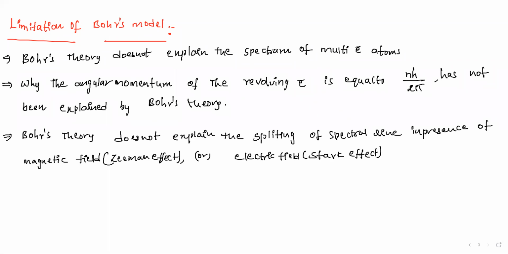Splitting of spectral lines in the presence of magnetic field is the Zeeman effect, and the splitting of spectral lines in the presence of electric field is the Stark effect. These both he could not explain. Okay, these are the limitations of Bohr's model. Bohr's theory does not explain the spectrum of multi-electron atoms, and why the angular momentum of the revolving electron is equal to nh by 2 pi has not been explained by Bohr's model.